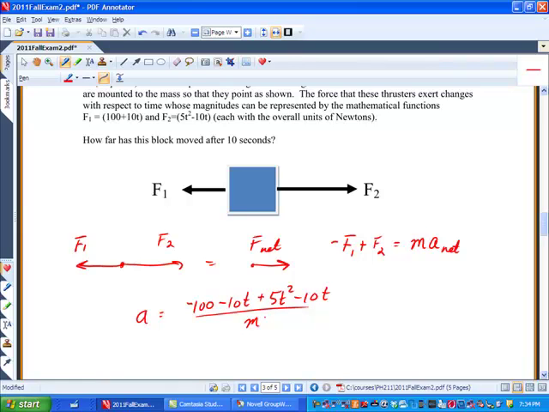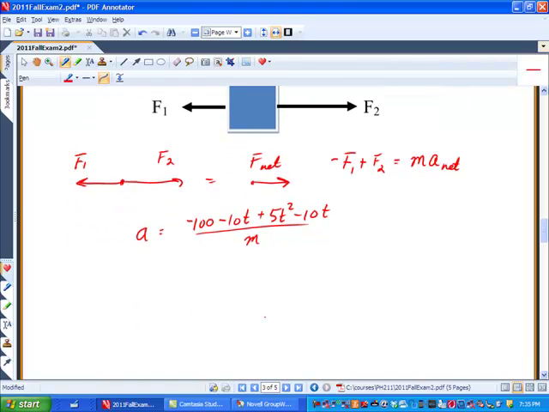The question is, how far does this block move after 10 seconds? We need to turn this acceleration into a position. How do we do that? Integrate. How many times? Twice.